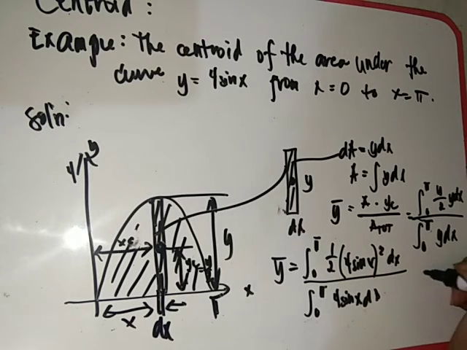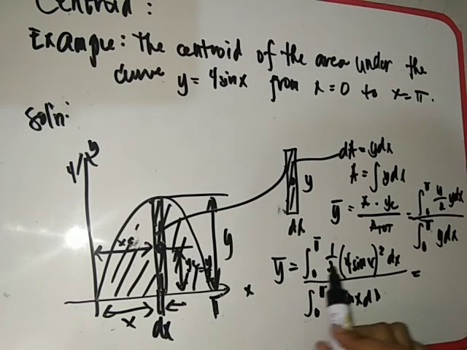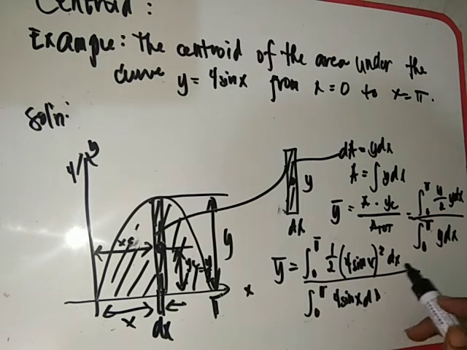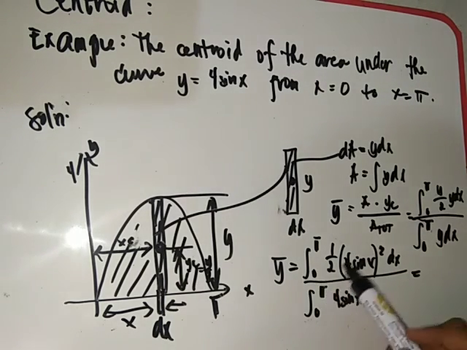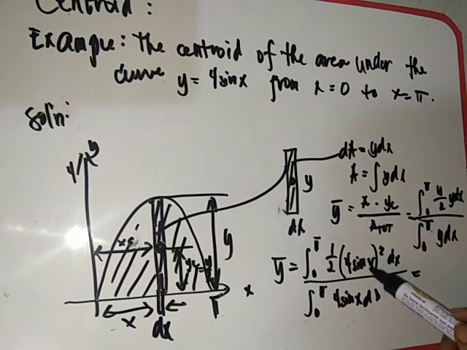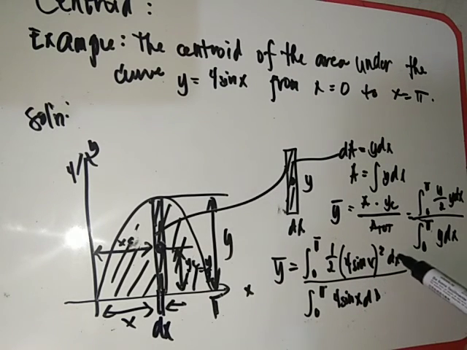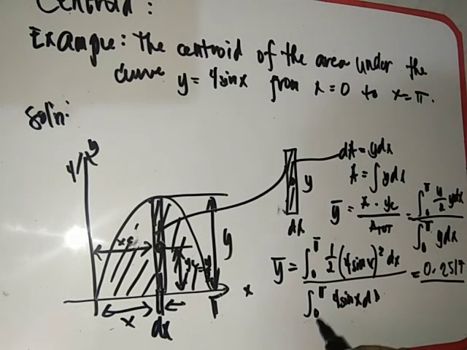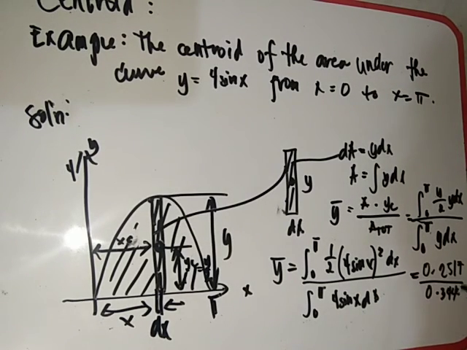So if you input this in your calculator, the integration of 0 to pi 1/2 multiplied by 4 sine x squared dx, that is 0.2517 over the integration of 0 to pi 4 sine x dx, that is 0.3444.